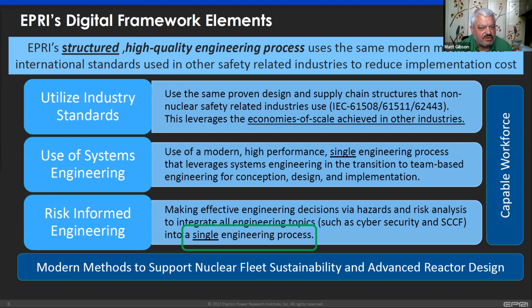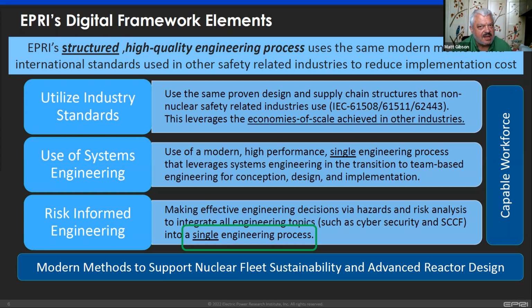Because other industries have surpassed us in industry standards for safety. These are safety-related industries that actually do a better job than what our nuclear-specific standards may have been able to achieve in the past. So these frameworks are built around IEC 61508, IEC 61511 for your functional safety, 62443 for cybersecurity.